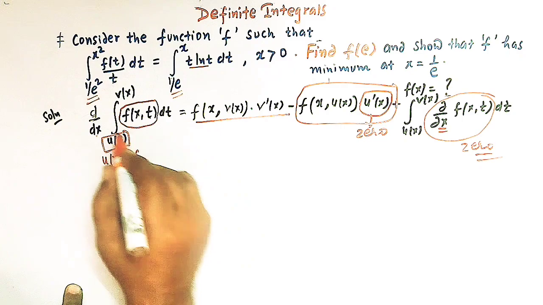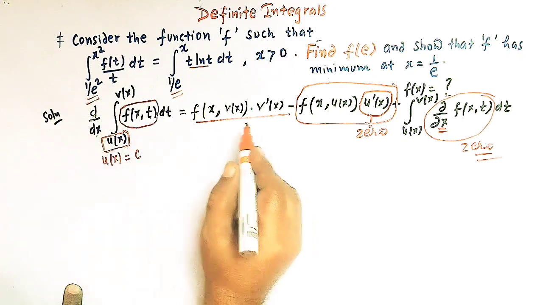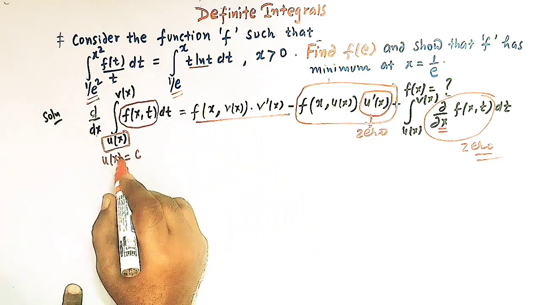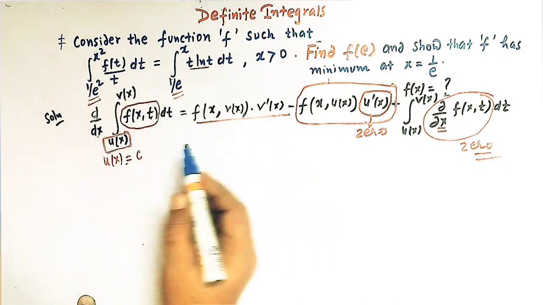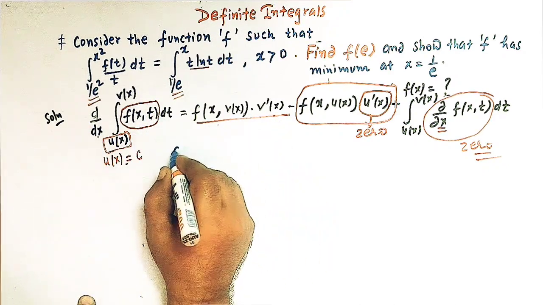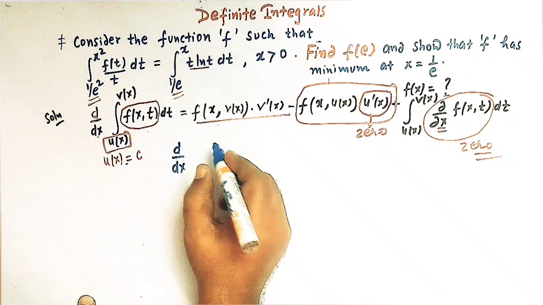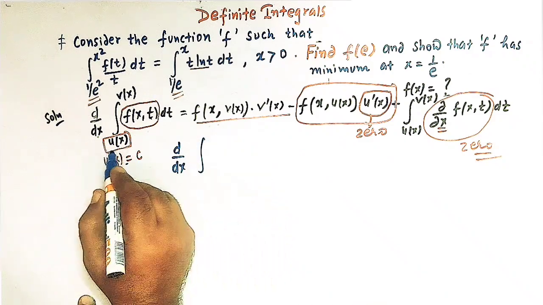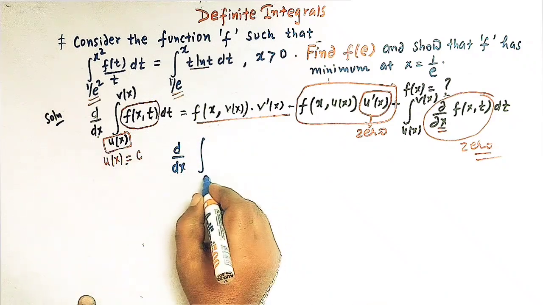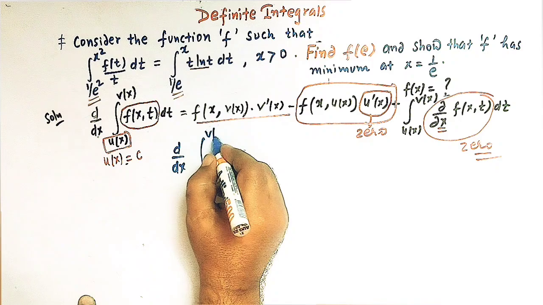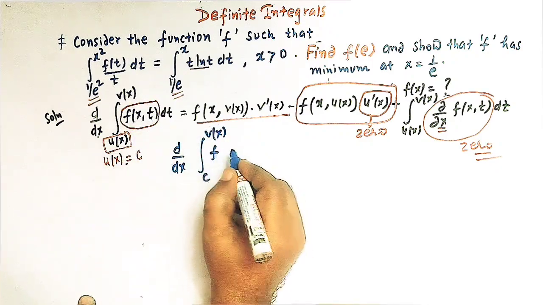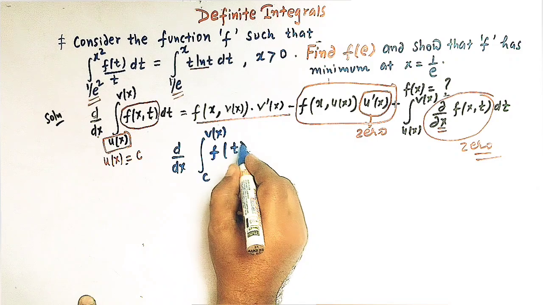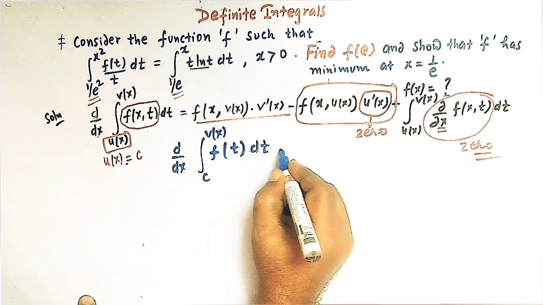So we can now write the modified form of Leibniz integral rule using these restrictions. The modified form can be written as d by dx of the integral. Here for u of x we have c, here we have v of x, and then here we have a function of t only, right? And here we have dt.